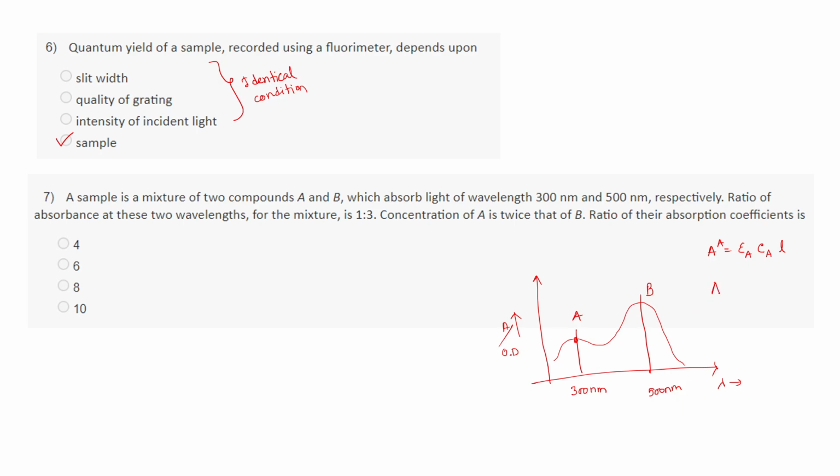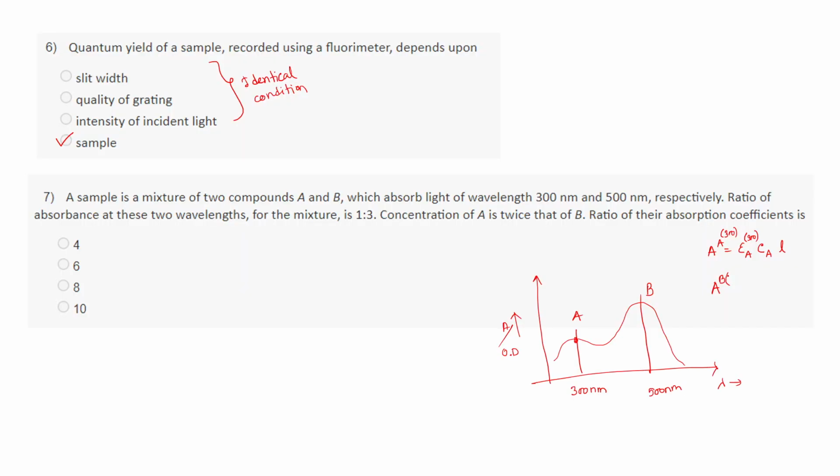What is the absorbance of B? At 300 nanometer, your epsilon is also dependent upon lambda. And for B it is at 500 nanometer.